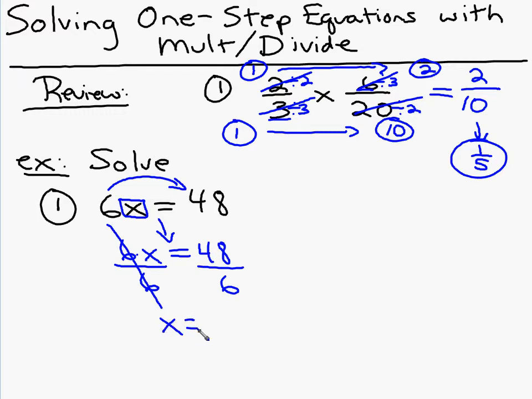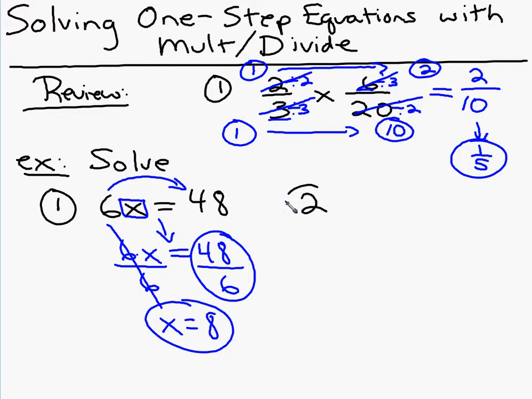On the right side, I have to do the division. 48 divided by 6 is 8. And that is my answer. All right? Now, you try one of those. You try this problem. 8x equals negative 96. Try that problem while I pause the video.